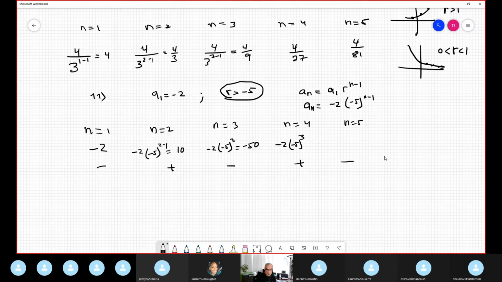Negative 5 to the cube power is negative 125, times negative 2 is positive 250. Okay, in this case, it's alternating but increasing, because the common ratio's magnitude is greater than 1. Okay, so the fifth is negative 2 times negative 5 raised to the 4 power. I put it in my calculator, the answer is negative 1250.